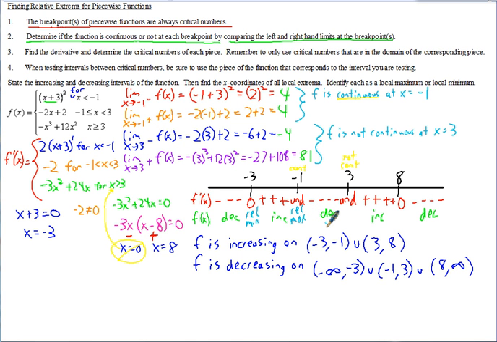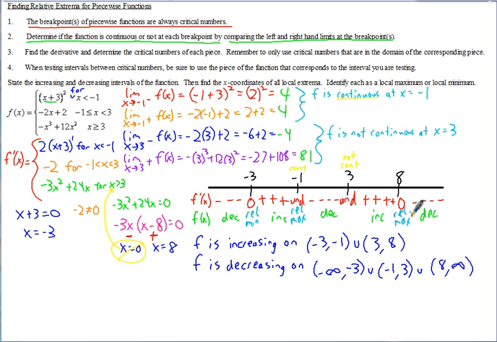But 3, it changes from negative to positive, first order, so it goes from decreasing to increasing, so it looks like a relative minimum. However, remember, this is where it's important we figured out it was not continuous at 3. So even though it goes from decreasing to increasing, since it's not even continuous, it's not a relative minimum. And then 8, function changes from positive to negative, increasing to decreasing, that's a relative max.